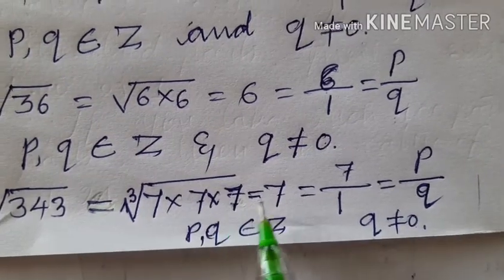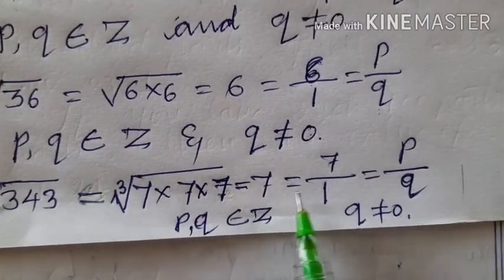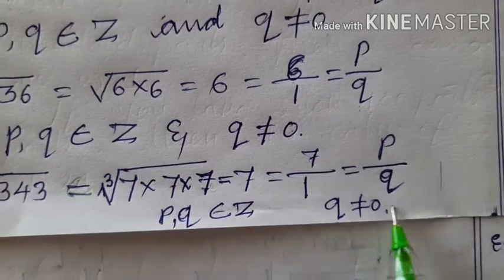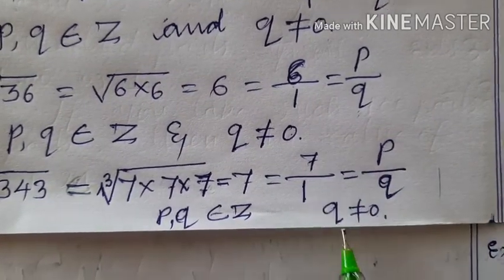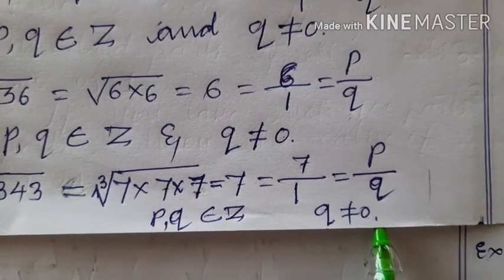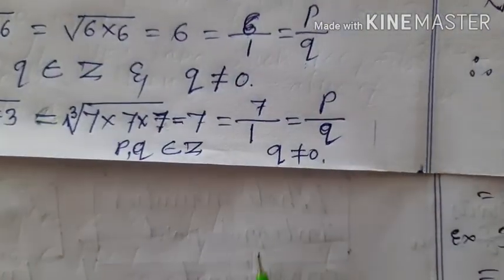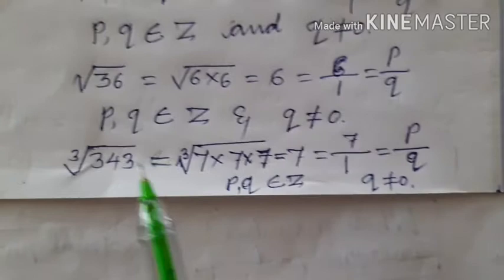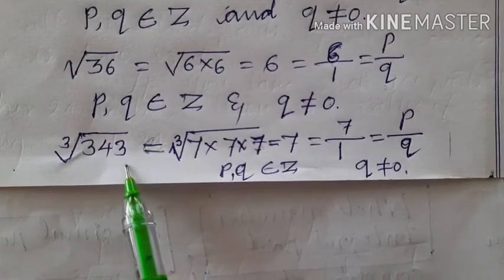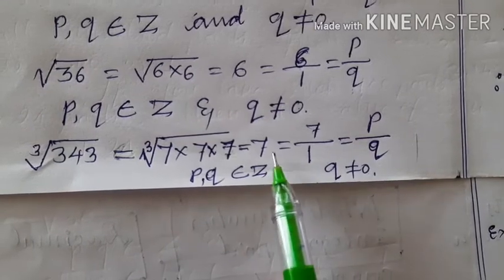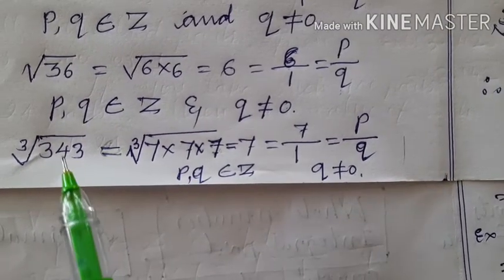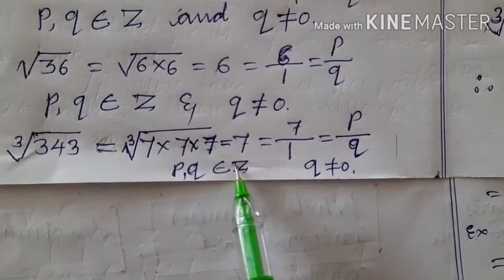So one 7 comes out, and this 7 is equal to 7 upon 1, which is p by q, where p and q are integers and q is not equal to 0. That is why it is a rational number. Therefore children, cube root of 343 is equal to 7 and it is a rational number, not an irrational number.